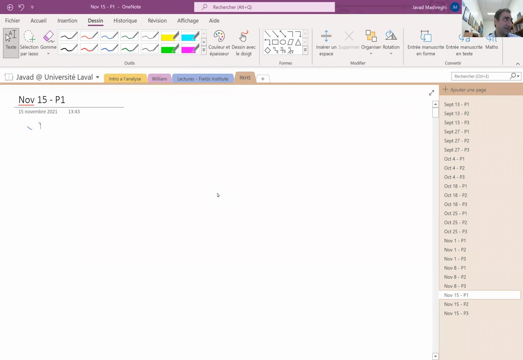Hello, everybody. To continue, we need to talk a little bit about a construction which is called the tensor product. In ordinary linear algebra courses, in particular linear algebra 1, which I gave a couple of times at Laval, we do not talk about tensor product.